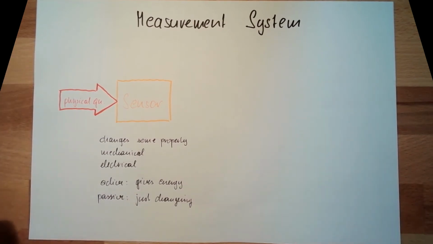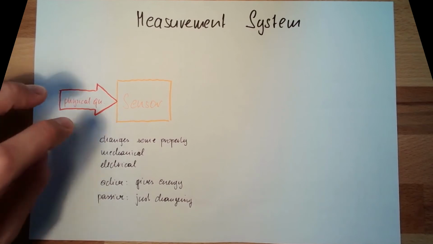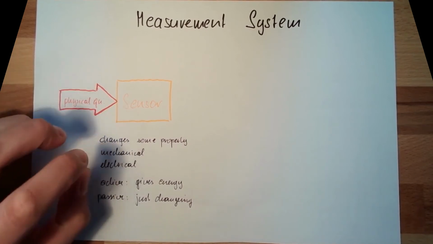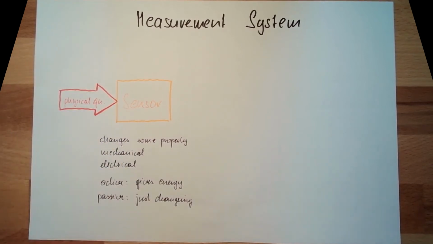However, what all sensors have in common is that they change some property under the influence of a physical quantity. These sensor changes are usually very, very small, so we cannot watch them, or only very hard, because the changes are so small.